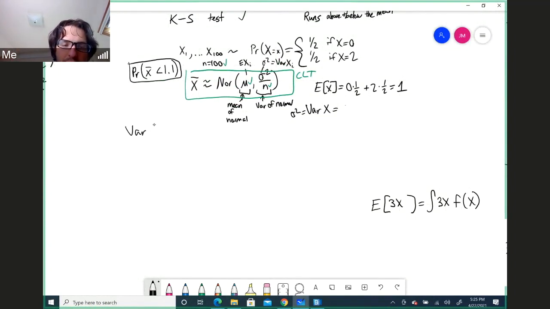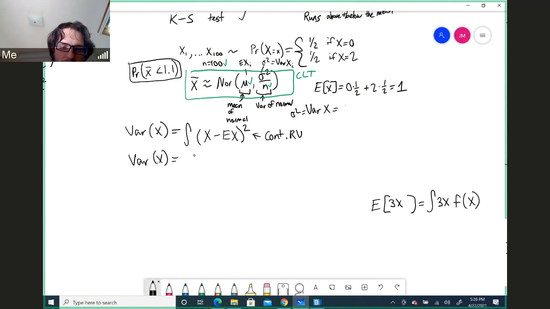If x is continuous, then I believe it's integrating x minus E of x, squared, like that, if I'm not mistaken. This is for continuous random variables, and for discrete random variables there's a very similar summation.